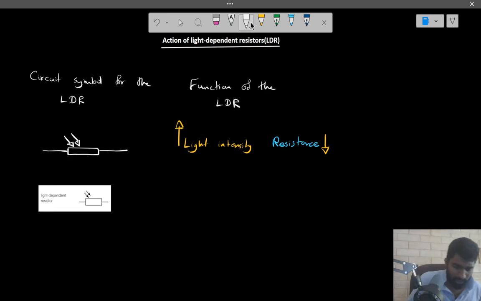So you can draw a graph, resistance versus light intensity. If you draw that graph, you get a graph like this.